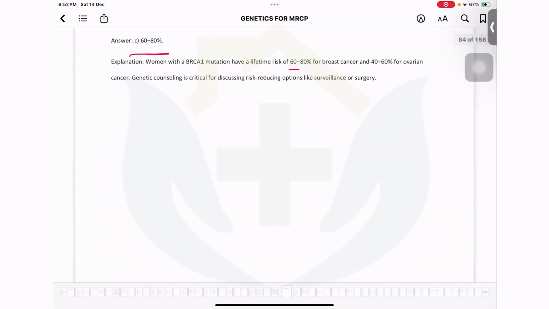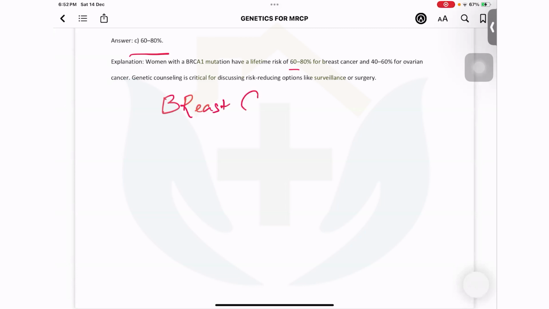So there are two types of mutations that we usually see. These are basically breast cancer genes. That is why they are known as BR and CA. So it is known as BRCA genes.